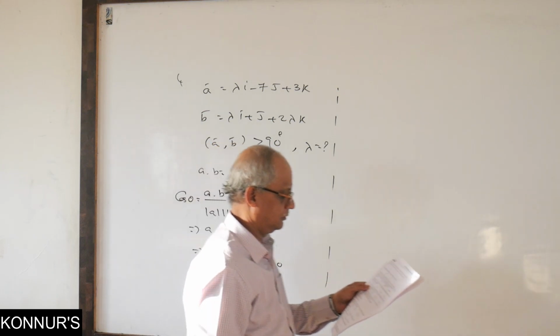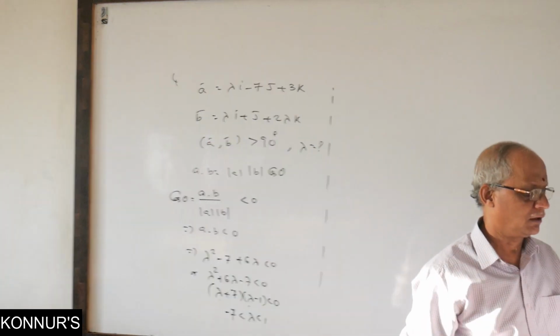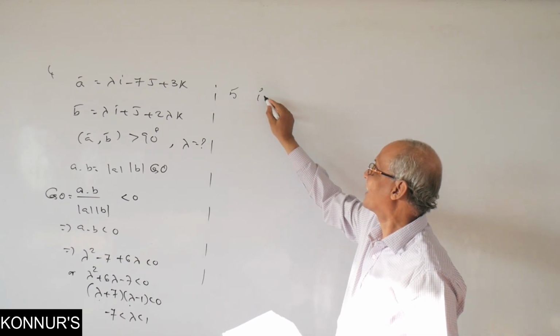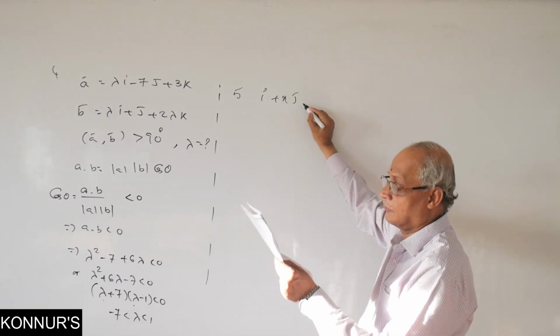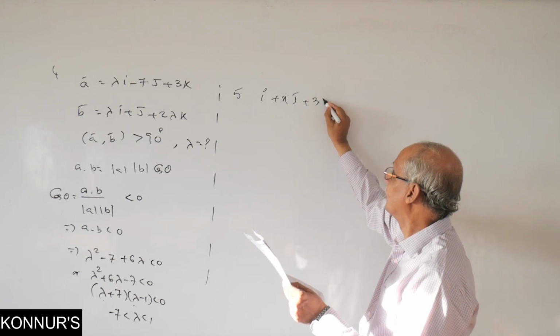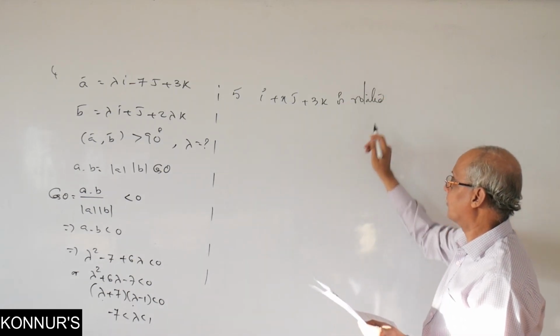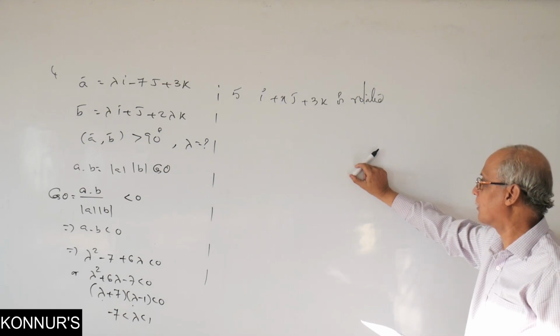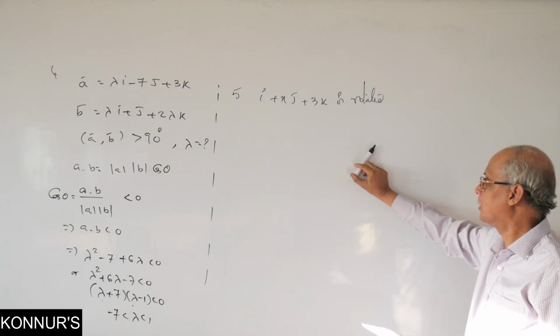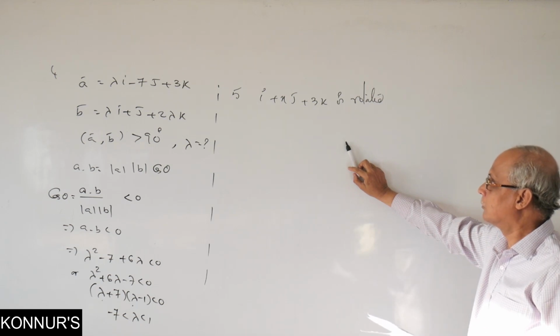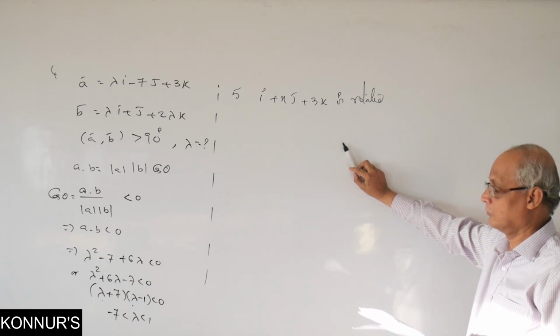Okay. Then number 5: a vector i plus x times j 3k is rotated from its position, suppose this is the position of this vector, is rotated to another position through some angle. This is its new position.